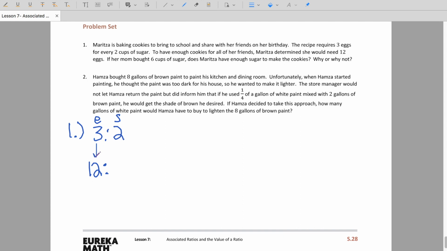Well, how do I go from 3 to 12? I multiply. I multiply by 4.